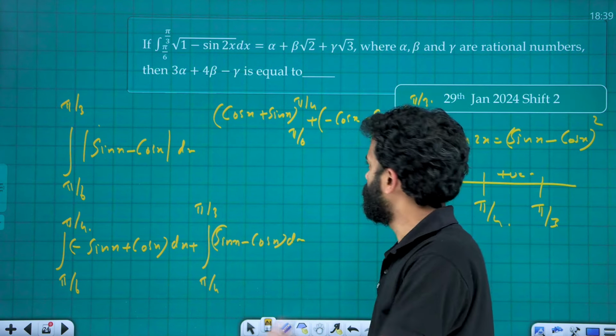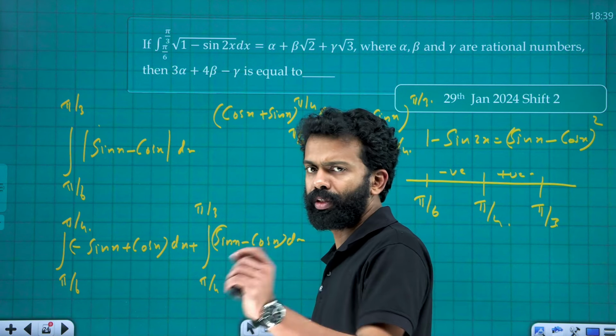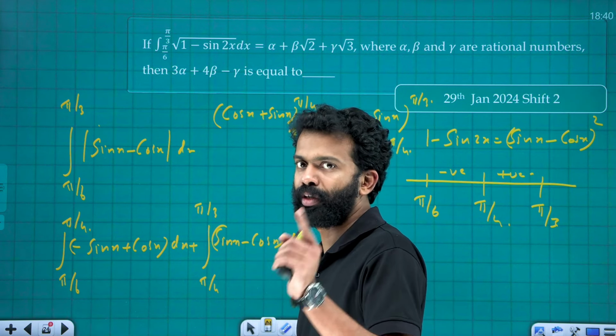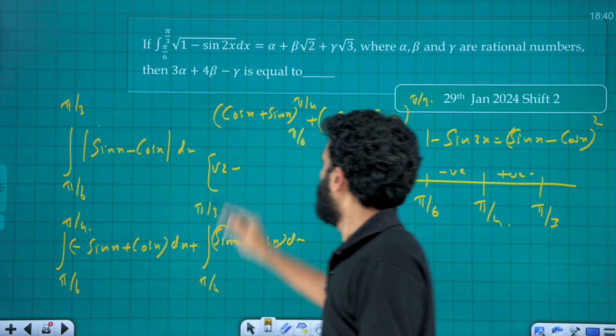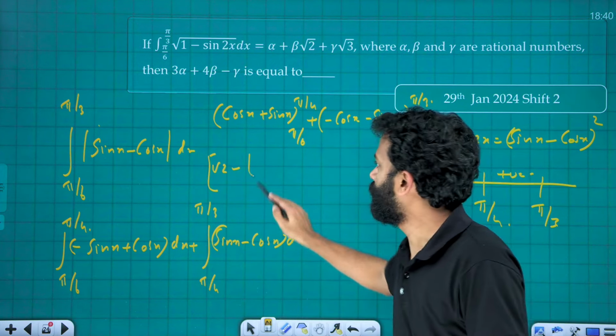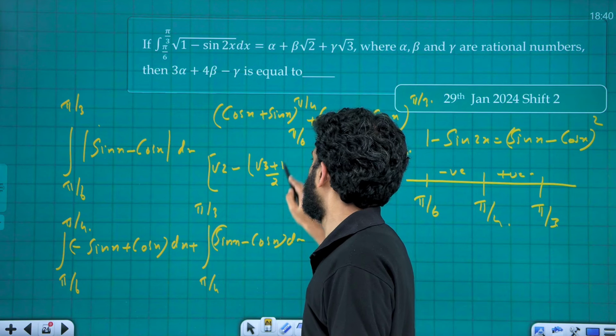So we can substitute the values here. It will be cos pi by 4 plus sin pi by 4, that is 1 by root 2 plus 1 by root 2, that is 2 by root 2, that is root 2. Here the value will be root 2 minus cos 30, which is root 3 by 2, and sin 30 is 1 by 2. So net answer will be root 3 plus 1 by 2.